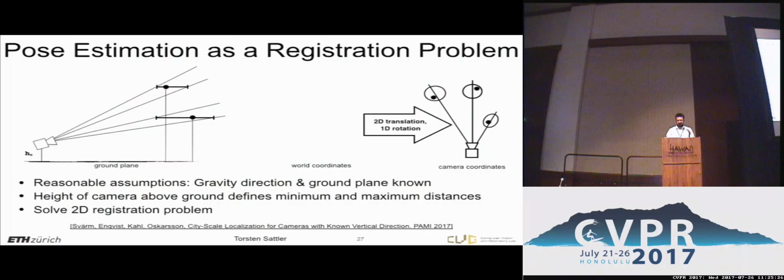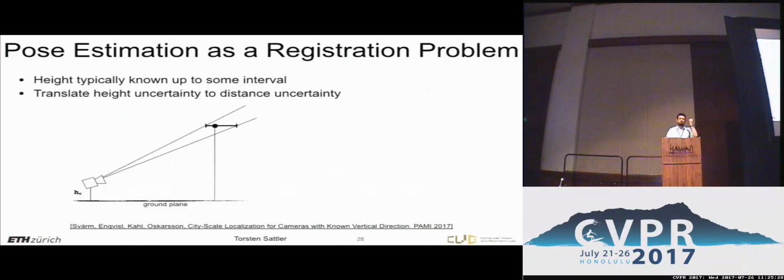Obviously, the height of the camera will most likely not be known precisely, but typically you get a good approximation there. And you can then translate the uncertainty on the height as an uncertainty on the distance of the 3D point. So saying you know the height of the camera up to a certain interval is the same as saying my 3D point has to fall into the cone in a certain height interval, which gives you a new minimal and maximal distance.